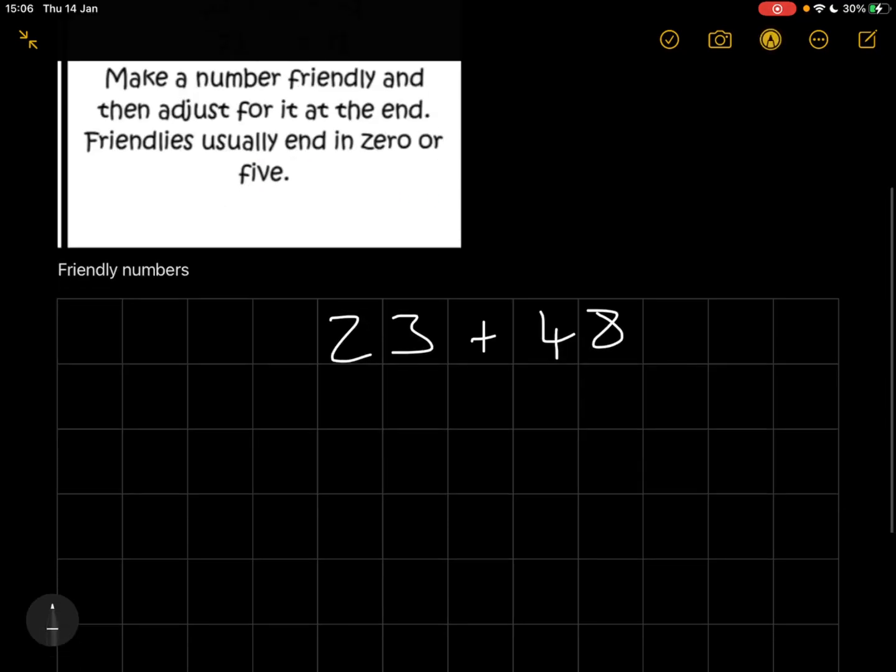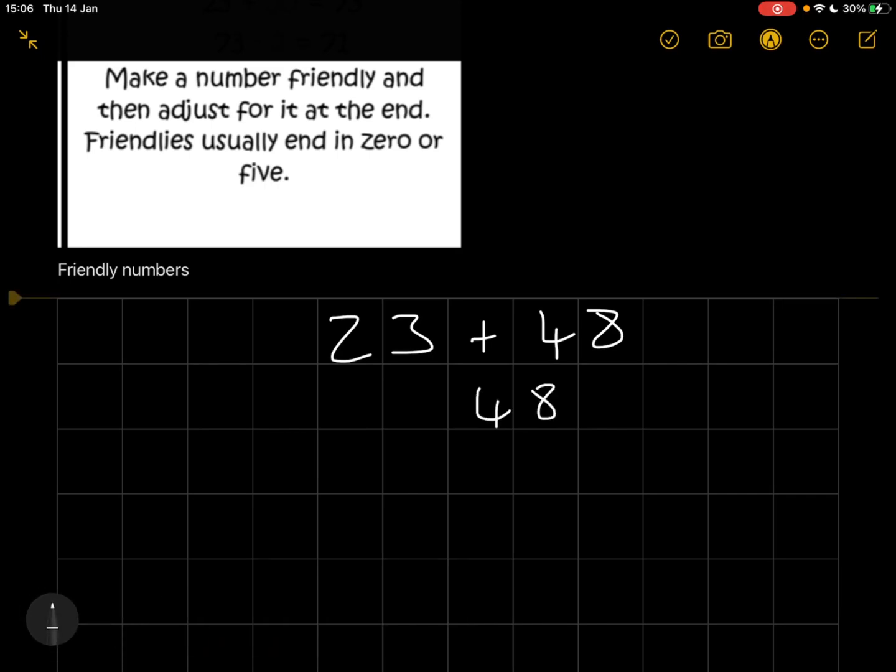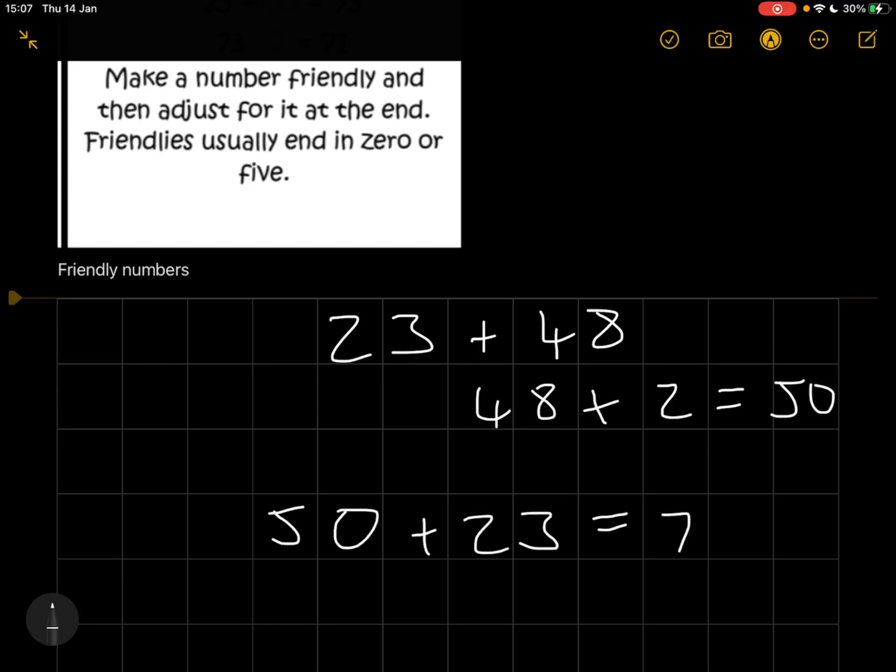I'm going to take that 48, and I know that if I add 2, that will give me 50, which is easier to work from, which turns us into 50 plus 23, starting with the bigger number, gives me 73. But I know that I added 2 on earlier to make it a friendly number, so I need to take 2 away again. And 73, take away 2.